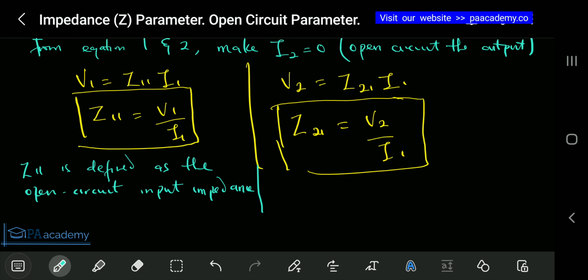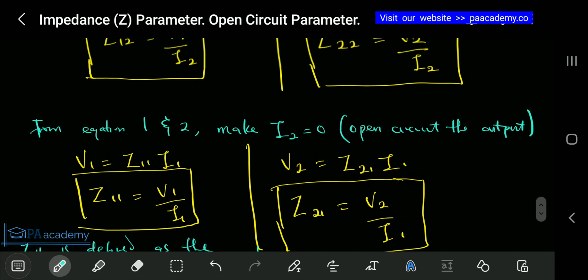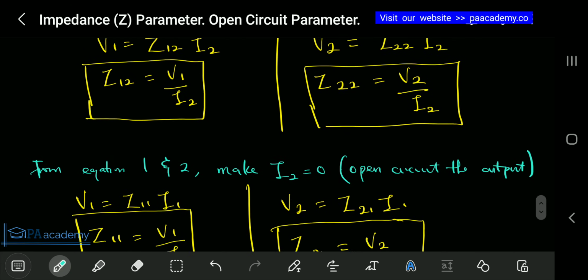Exactly, it's very important. Then our Z21, so our Z21 and Z22, or Z12 rather.